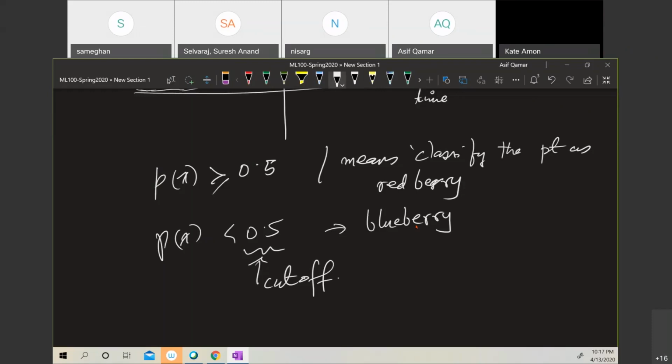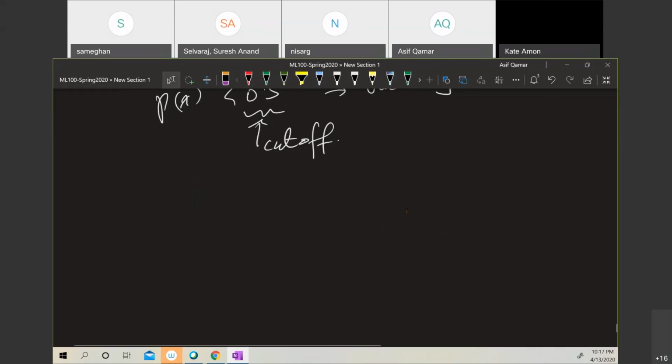Now, cutoffs are important. There's one more point I would like to make about cutoff in the last few minutes. What happens is that the cutoff is your choice. For example, if you are looking at somebody having cancer or not, and you have a test, a classifier, a person who has a 50% chance of having cancer, would you call him a positive or a negative case for cancer? It's a good question.